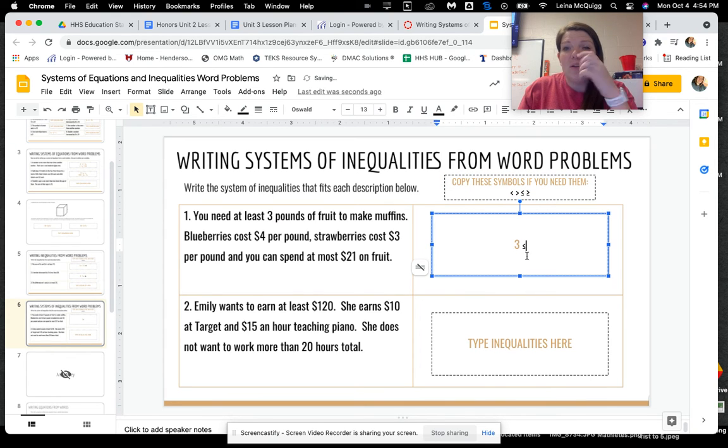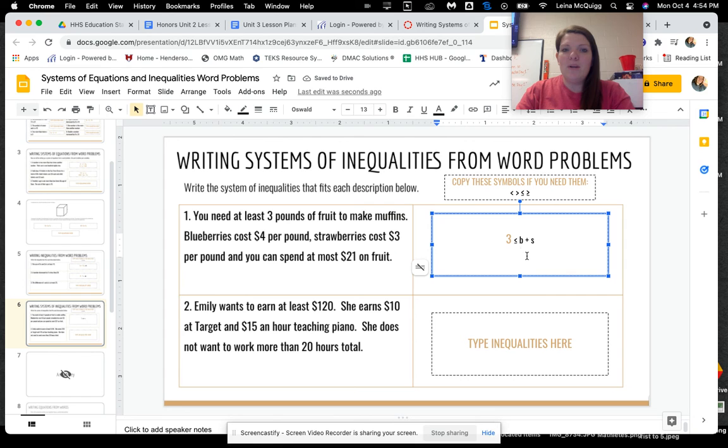So I'm going to use this less than or equal to because I put 3 first. Okay, so that means that I'm going to put variables on the other side of this symbol, and those two combined together has to be bigger than the number 3. Okay, so I'm going to use B for the number of pounds of blueberries I'm buying, and I'm going to add that to S, the number of pounds of strawberries I'm buying.